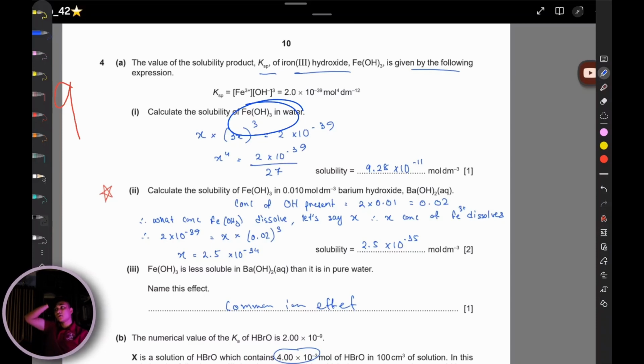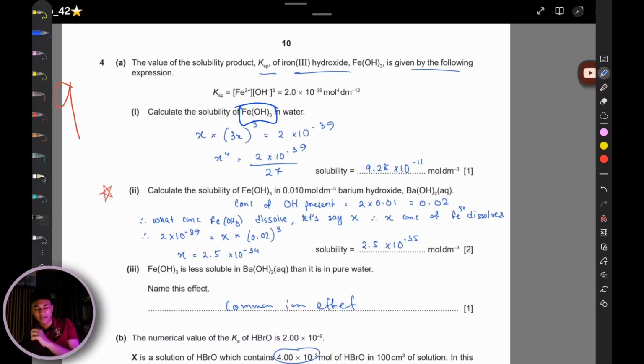So when you add another compound, let's say NaCl, NaOH, anything, literally, what's going to happen is that it is going to hinder or affect the solubility of your iron 3 hydroxide, right?